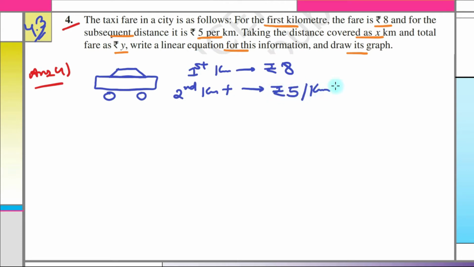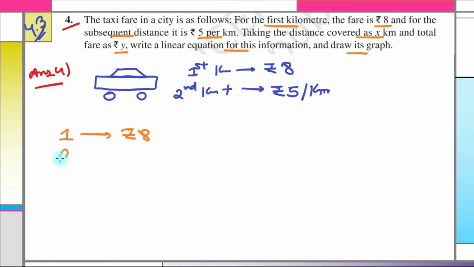So how can we interpret this information? Suppose you sat in the taxi and said that you have to travel 1 kilometer only. The driver will charge rupees 8. Suppose you said you have to travel 2 kilometers.